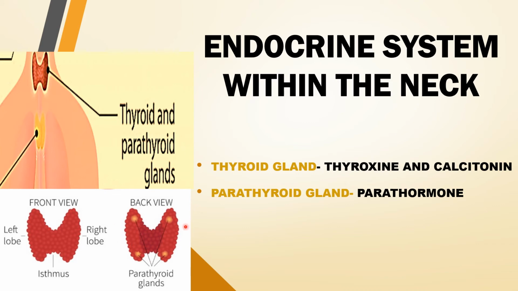So this is about the endocrine system within the neck, that is the thyroid gland and the parathyroid gland, and it is seen in the neck, in the larynx region, and the thyroid gland secretes thyroxine and calcitonin, and the parathyroid gland secretes the parathormone.